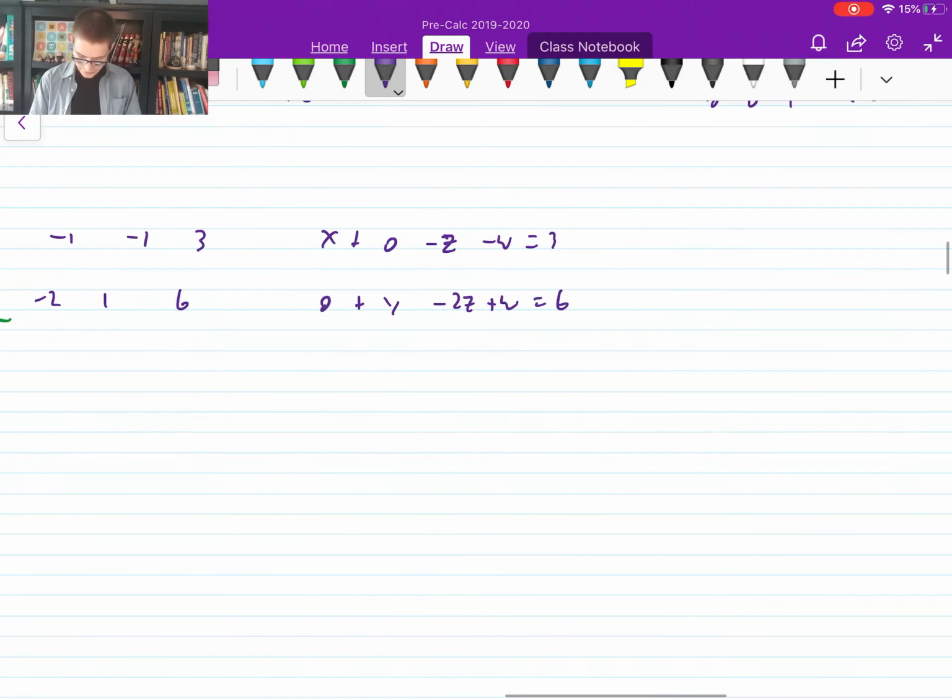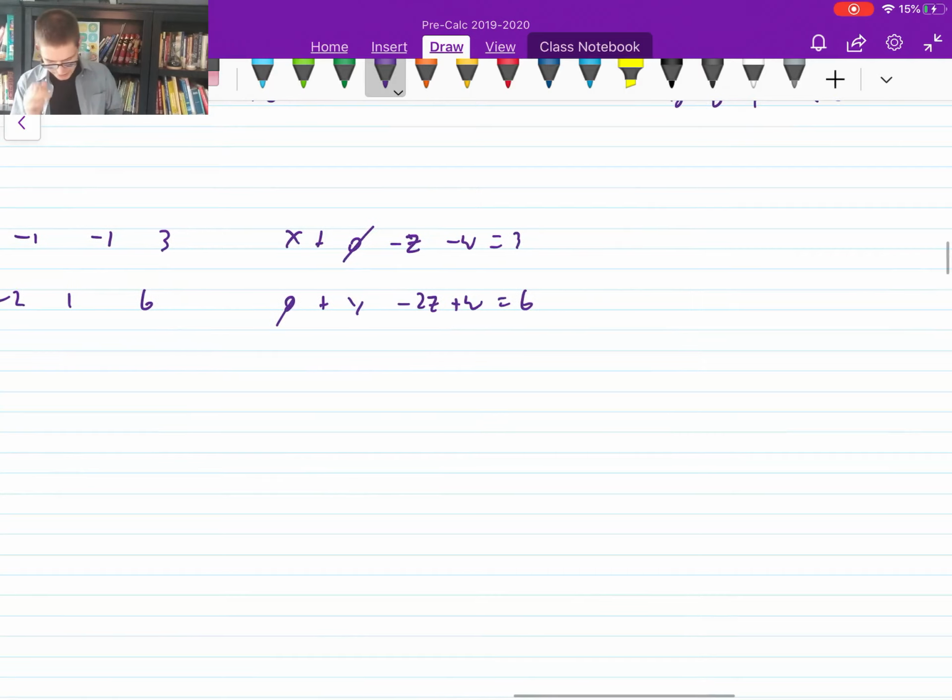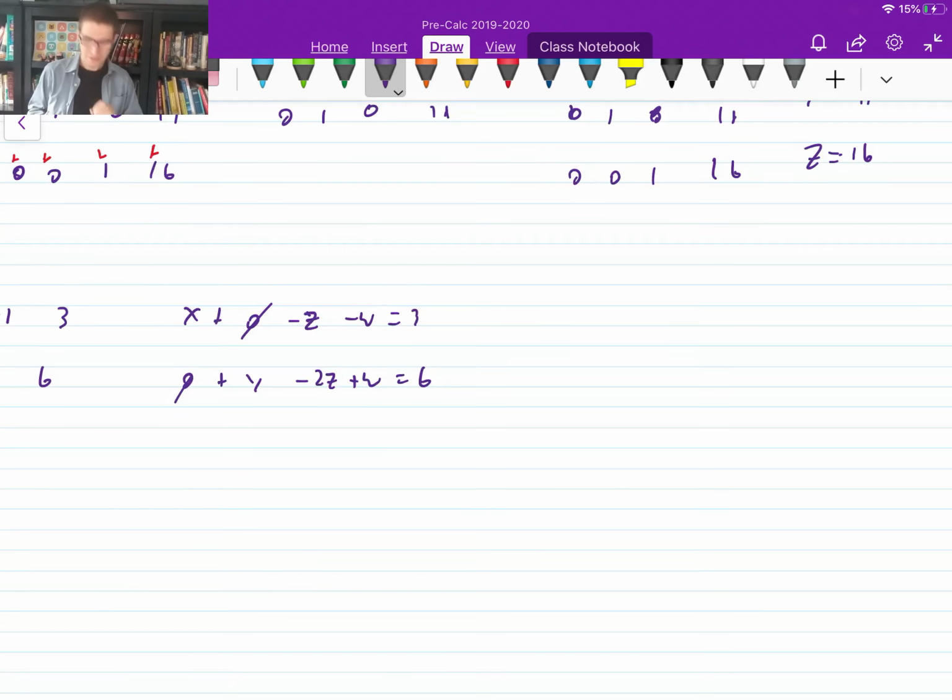Okay, well, we can just get rid of these zeros first of all. Then let's go ahead and solve for x and solve for y, and that way we'll have an equation. So if we did know what z and w were, we could figure out what x and y are. But unfortunately, we don't know what z and w are. So we're making an equation in terms of z and w.